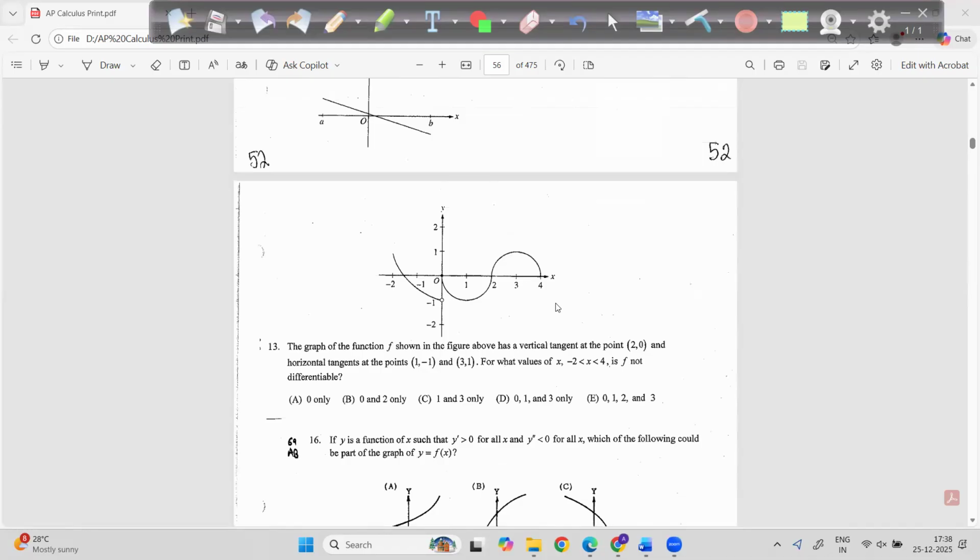They gave a function f that has a vertical tangent at 2 and horizontal tangents at 1 and 3. For what values of x is f not differentiable?